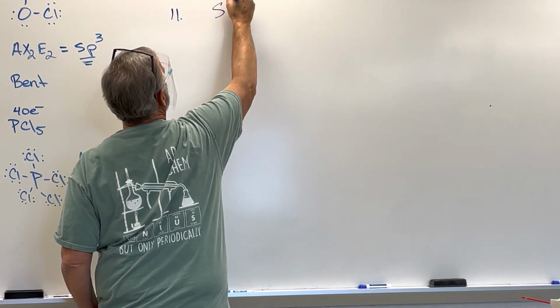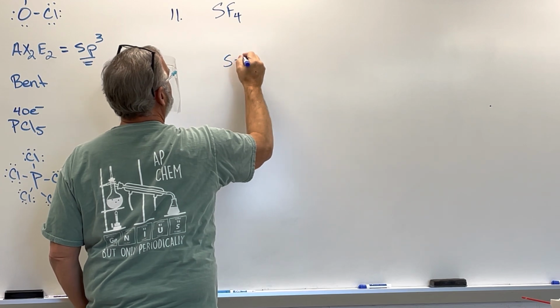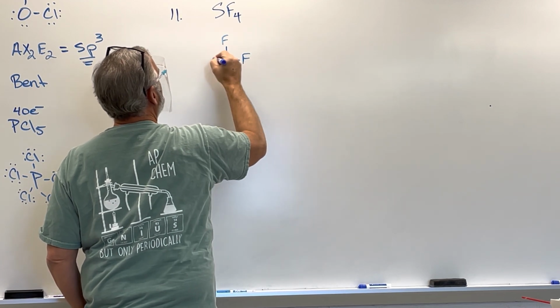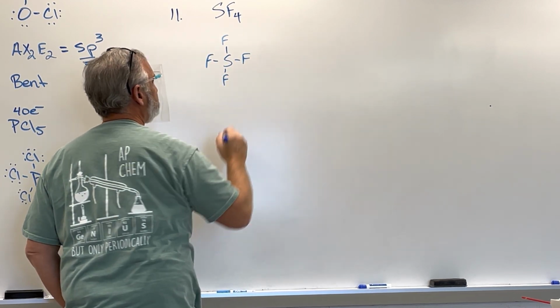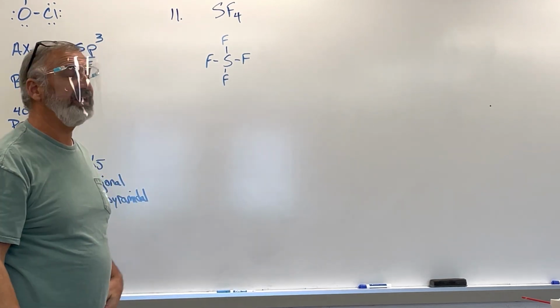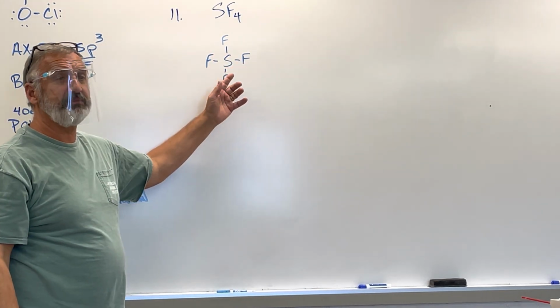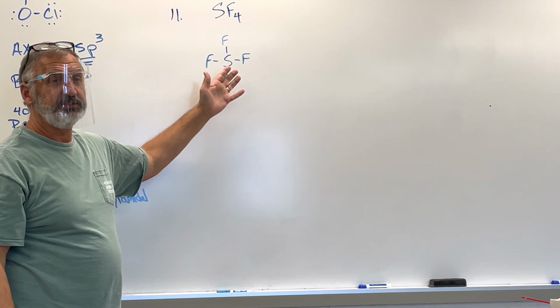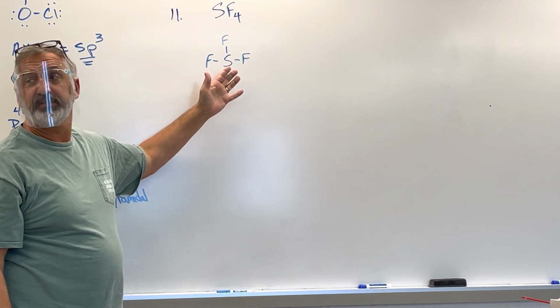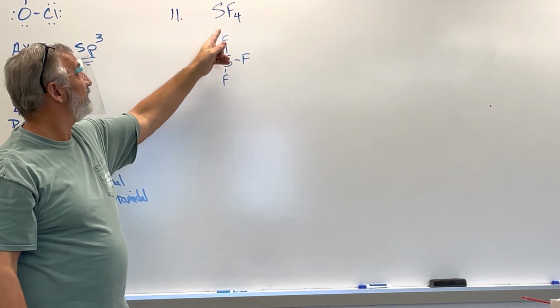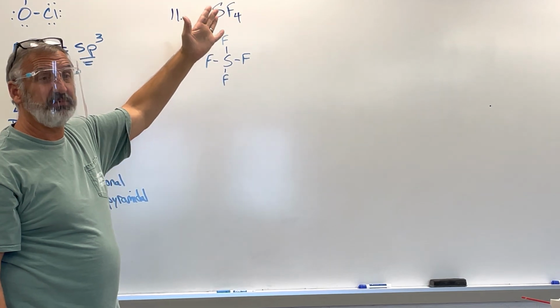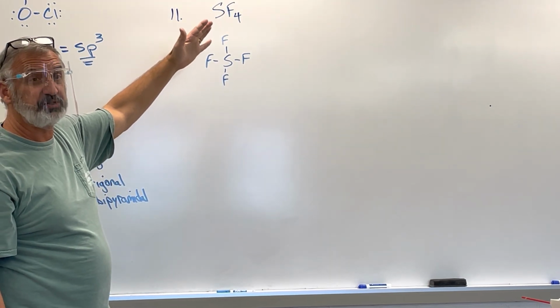I have 34 electrons. Sulfur, fluorine, fluorine, fluorine, fluorine. Now if I have 8 electrons around all 4 of these things, how many electrons total am I going to have? 8 times 4 is 32. So I have 34, so that tells me I'm going to have an expanded octet. I'm going to have 1 extra pair.